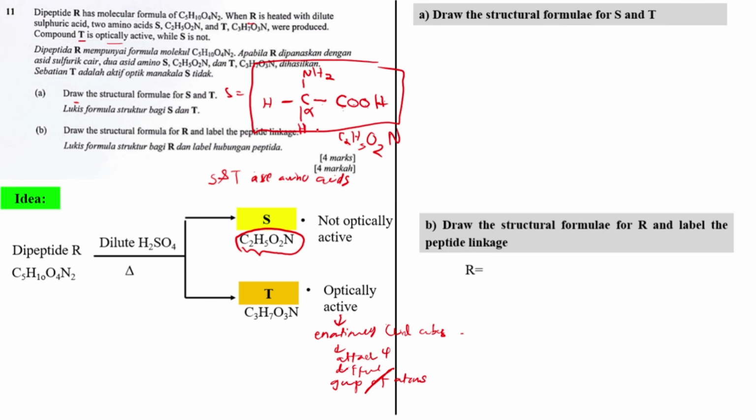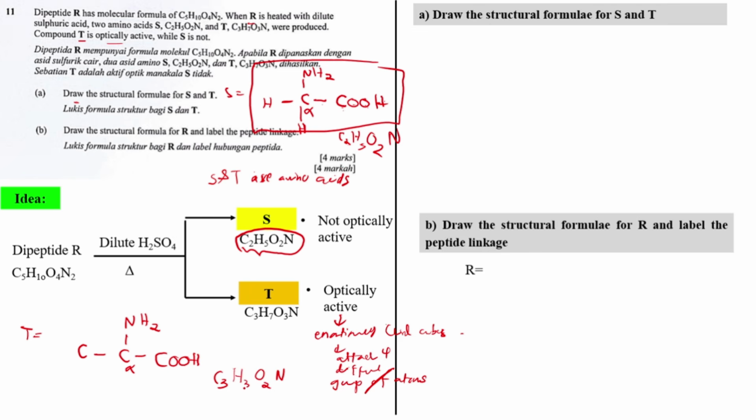Meanwhile, for T, you know that it's going to consist of 3 carbons. And for the alpha carbon, it's going to consist of COOH and then the amino group. From here, you have used up C3, nitrogen, oxygen you have only used up 2, and hydrogen you have used up 3.